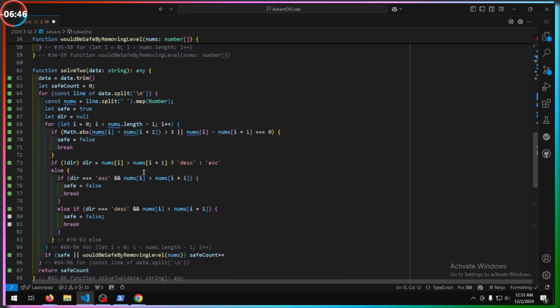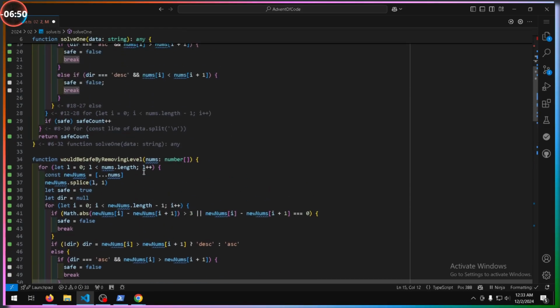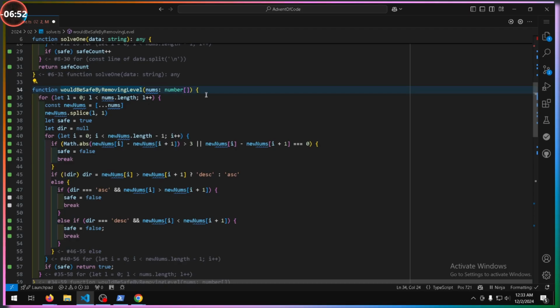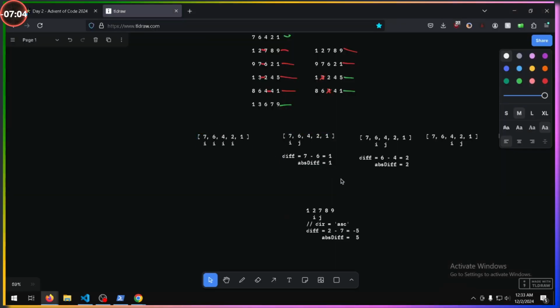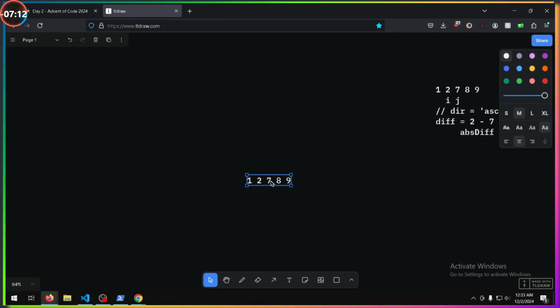Our second one is identical, but if it's not safe, we would try removing every level to test that safety if it can be achieved, which is by just taking the array and saying, get rid of this one, or this one, or this one. So if I were to, again, go with our problematic one, we would try every iteration of it without a number.